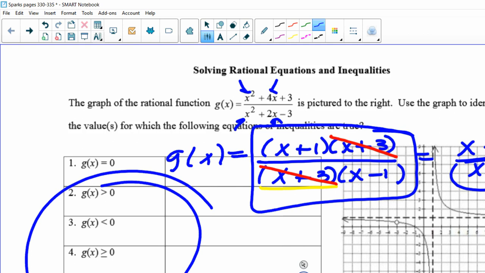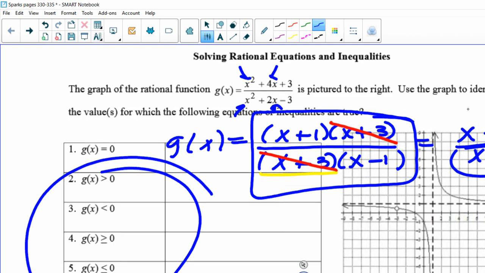What's g of -3 going to give you? Tell me specifically. What will you get over what? If x is -3, I get 0 over 0.